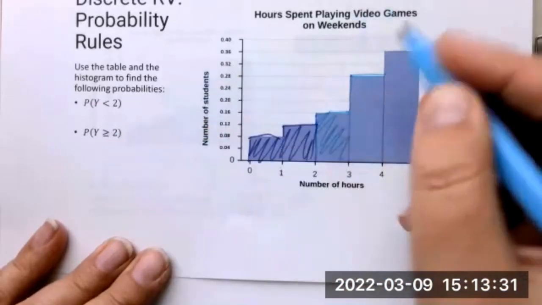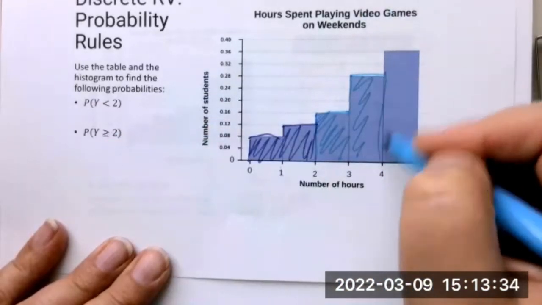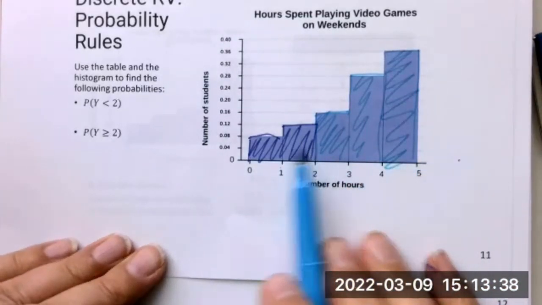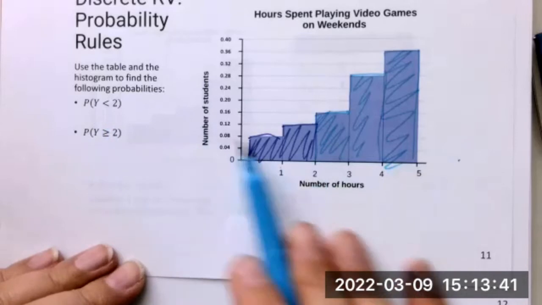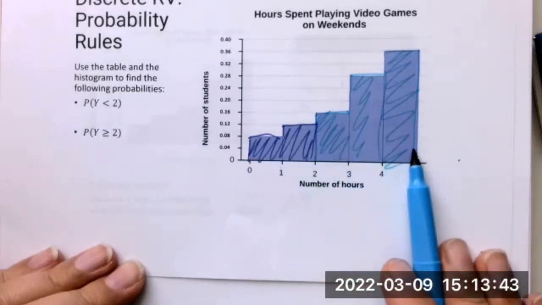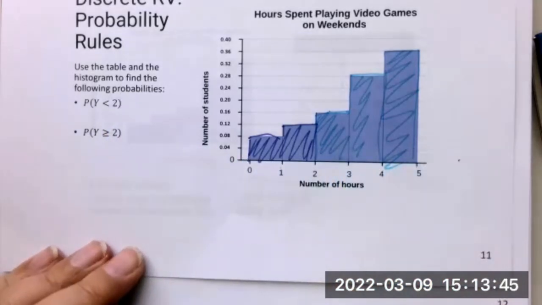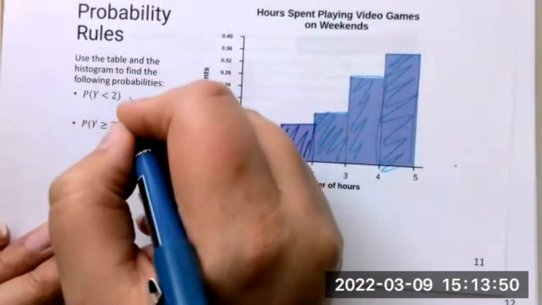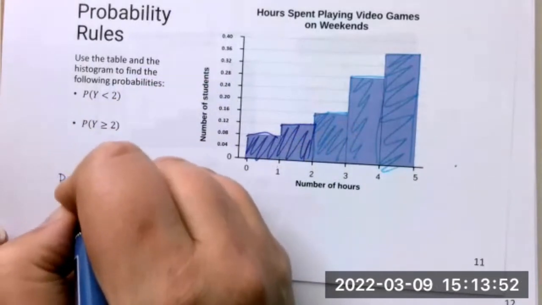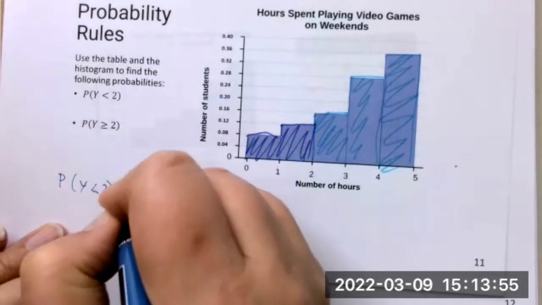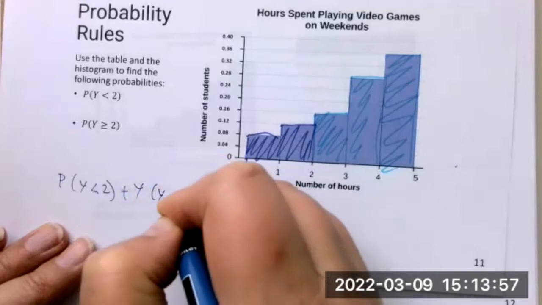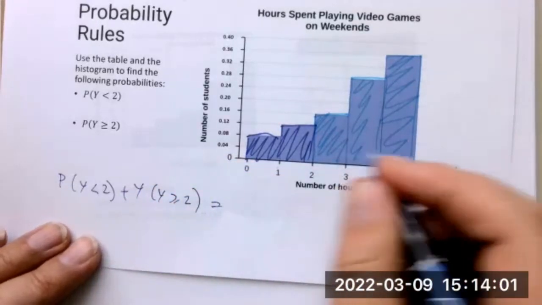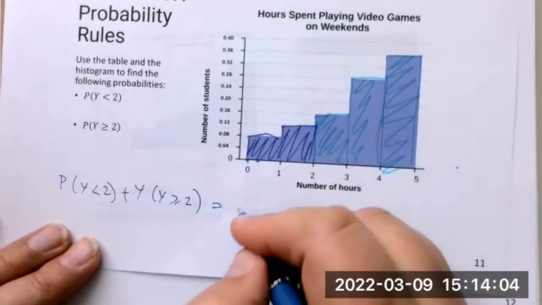Since we have greater, everything on the right side of 2 is included as well. So these two expressions cover the entire histogram. What we can conclude is the probability of y less than 2 plus the probability of y greater than or equal to 2 will cover the entire space, and it's going to be equal to 1.